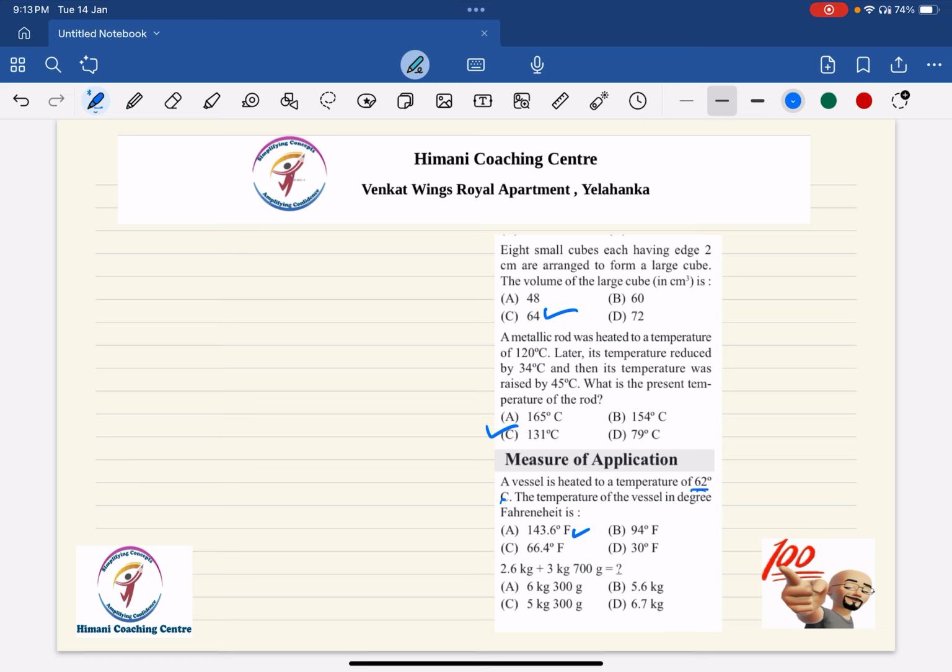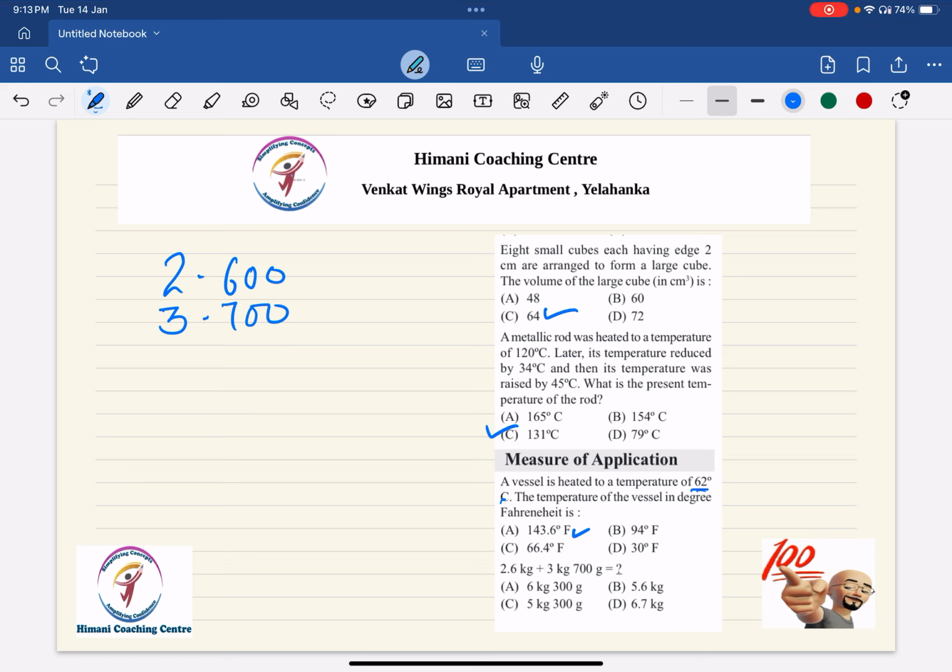We have to add 2.6 kg with 3 kg 700 grams. Okay, so see, 2.6 kg can be written as 2.600, and this can be written as 3.700.